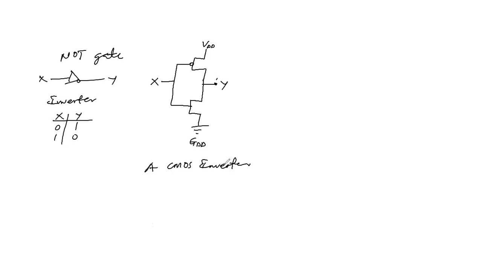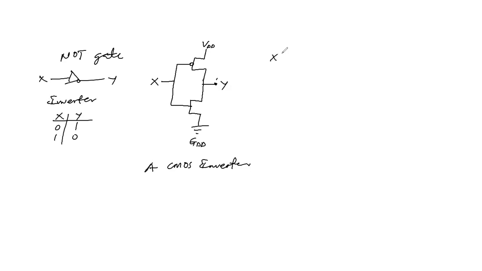So if X is fed with an input of 1, for instance, then the PFET is turned off, okay? So this operates as an open circuit.